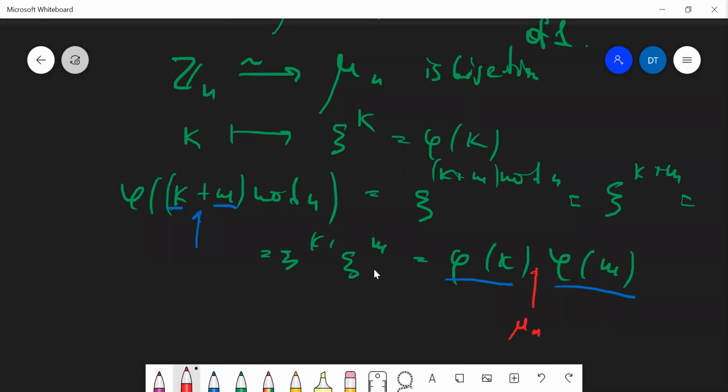So this operation is in the group mu n, and this operation is in the group Zn. So this map phi is a homomorphism, and it's bijective. So this is an isomorphism. So there is no difference between the group of roots of order n and the group Zn. So their structure is exactly the same. So to study this group is exactly the same as to study this group, and vice versa.